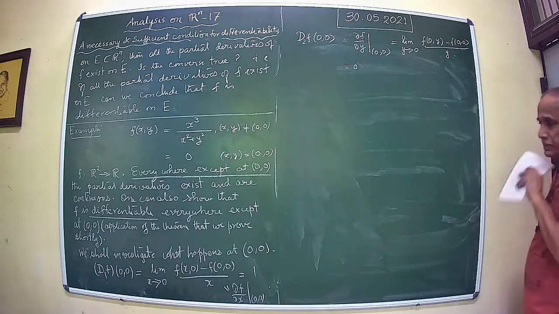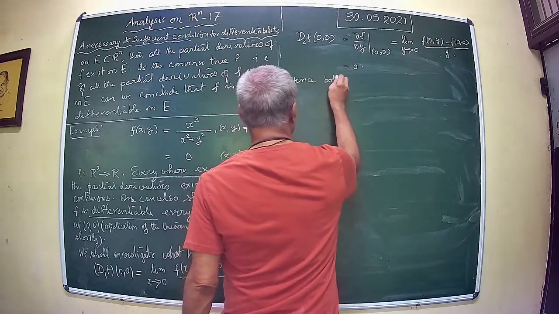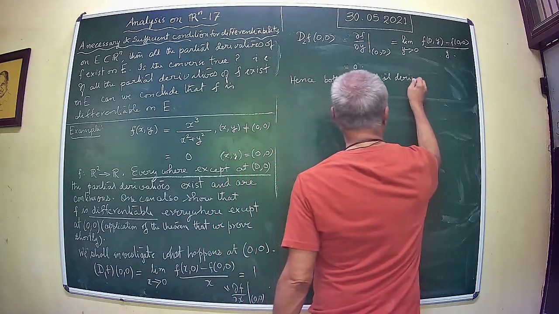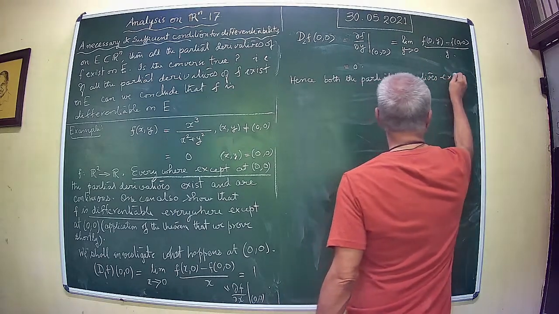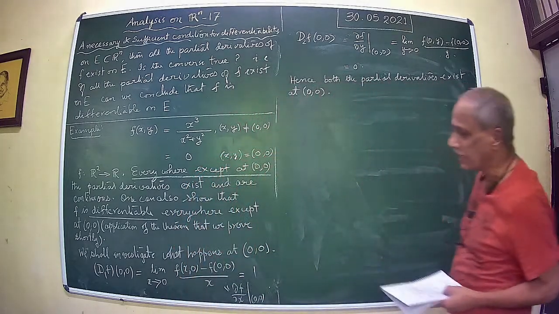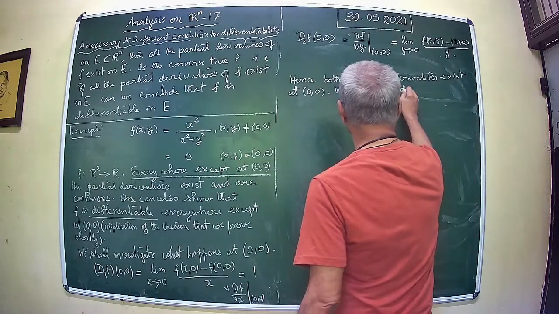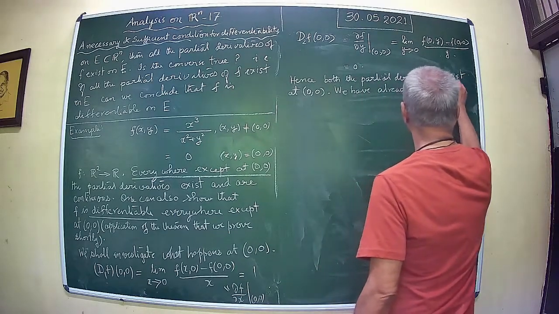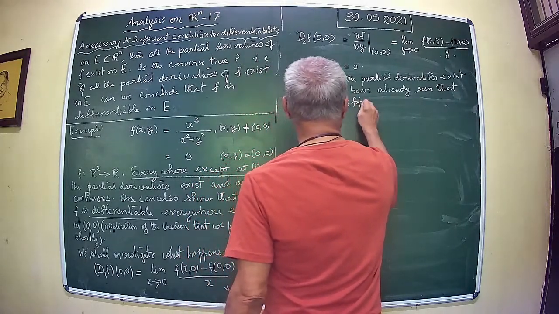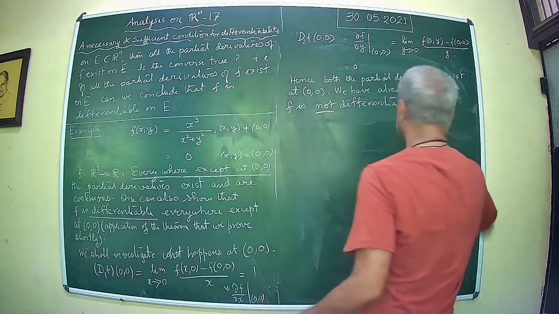Therefore, both the partial derivatives exist at 0, 0. We have already seen that f is not differentiable at 0, 0.